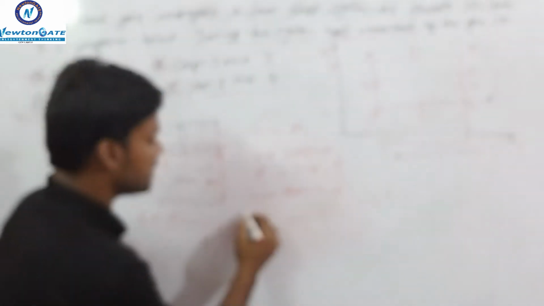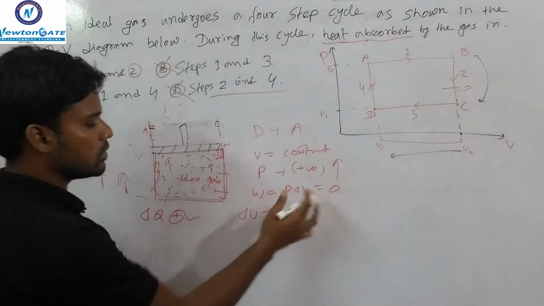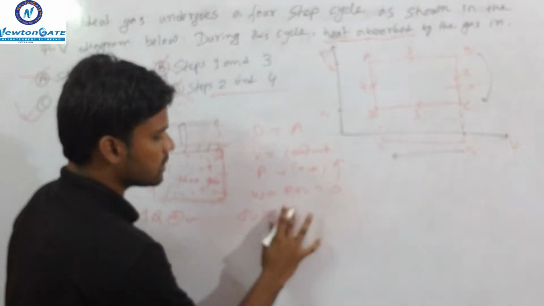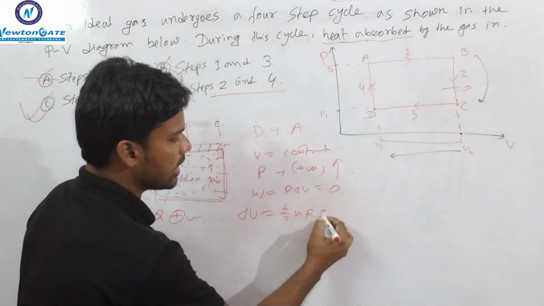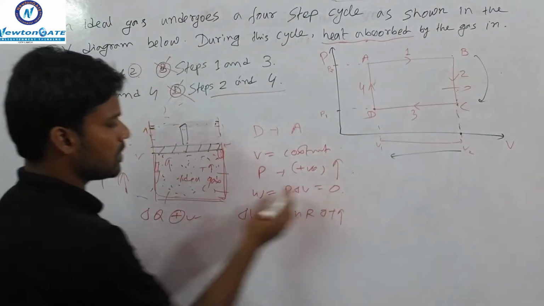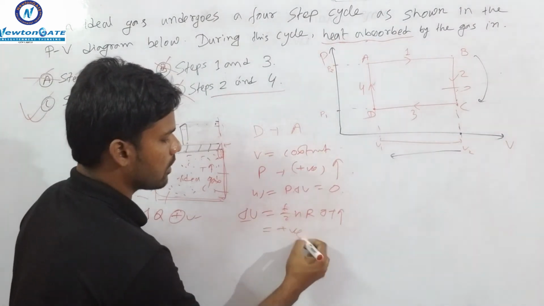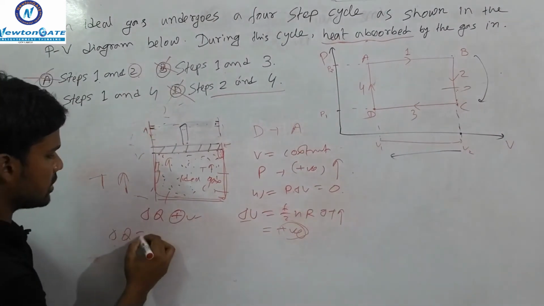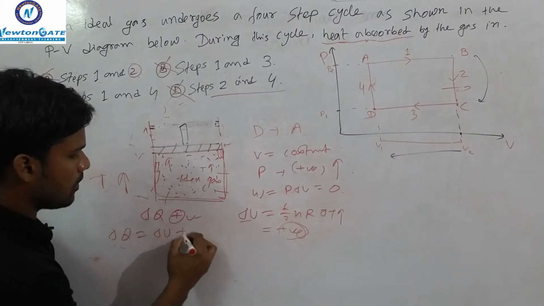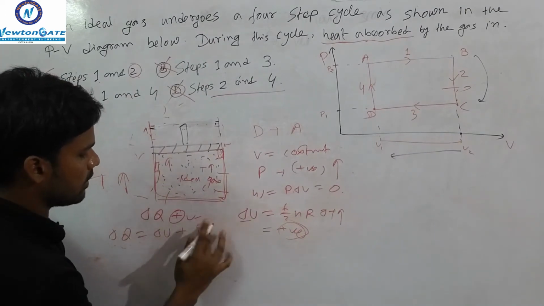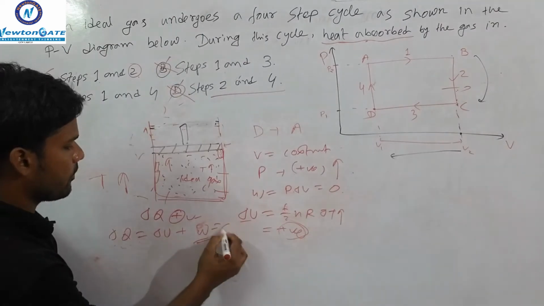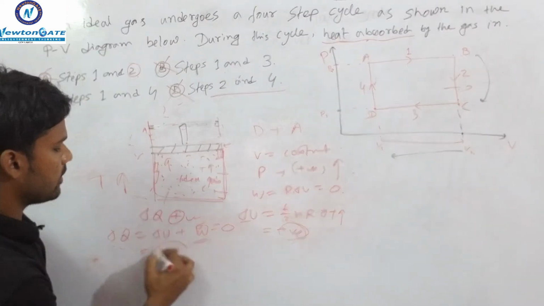तो मैथमेटिकली देख लेते हैं, del U, W तो 0 है, del U equals F by 2 n R del T, and del T is positive because pressure rises, that means del U is positive. So del Q equals del U plus del W, W is 0 here, del U is positive, that means del Q is also positive, right?